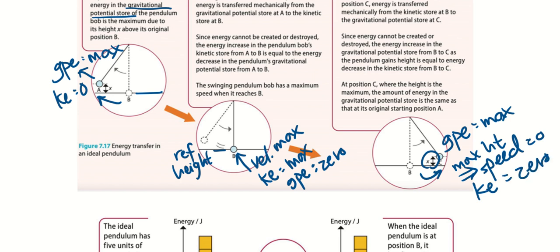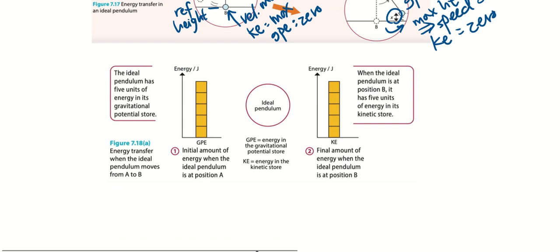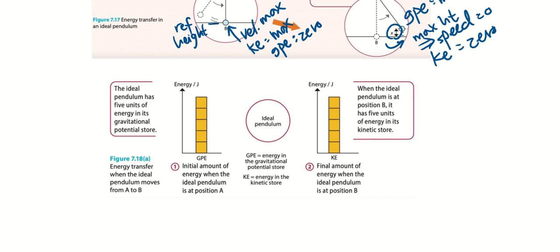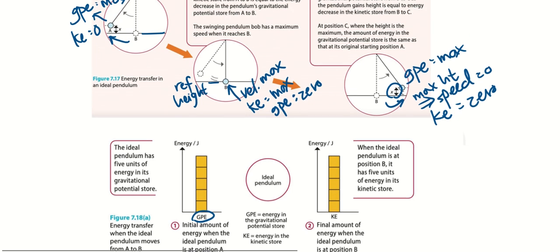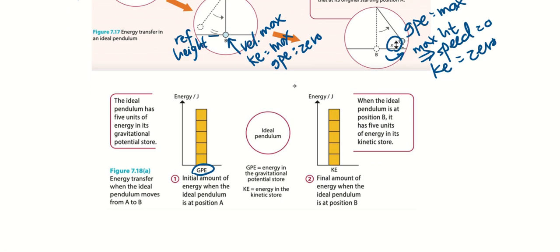So basically from A to B to C, we have initial energy of gravitational potential energy, which we fix at 5 units. When it moves from A to B, it transfers 5 units of its energy in the gravitational potential store into the kinetic store, because it is now moving at maximum speed.